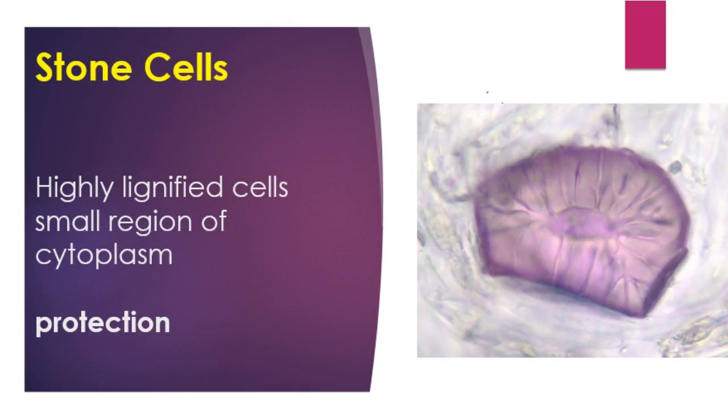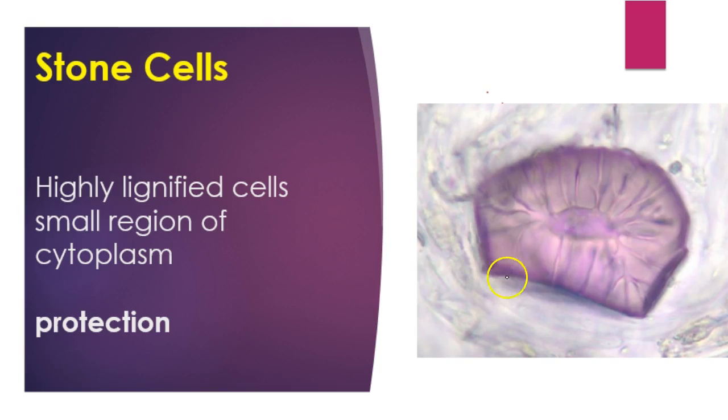Now here is a stone cell, and the name pretty much gives away what their job is. They are like stone. They are cells that are very, very hard, and because of that they're used primarily for protection. Essentially the cell has reduced its internal structure down to a very minimal area here with a few little strands going out.